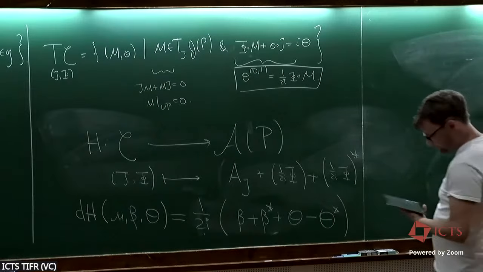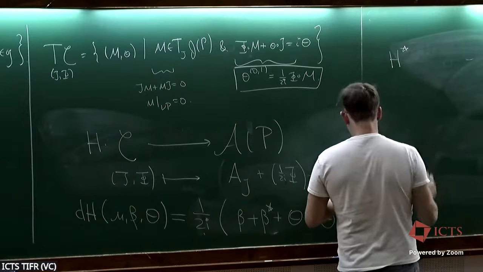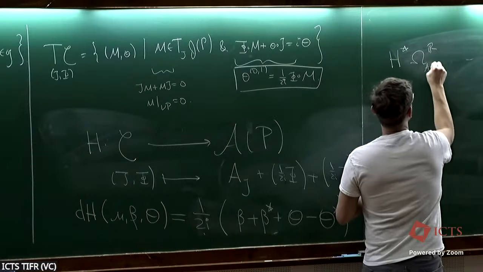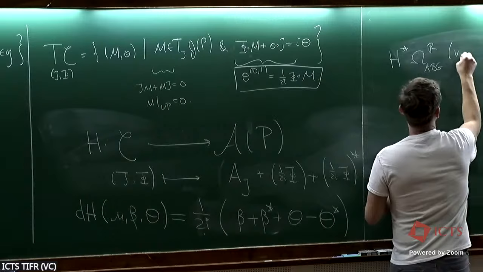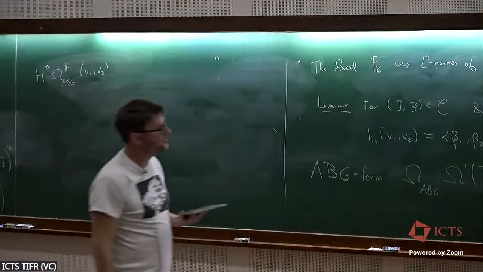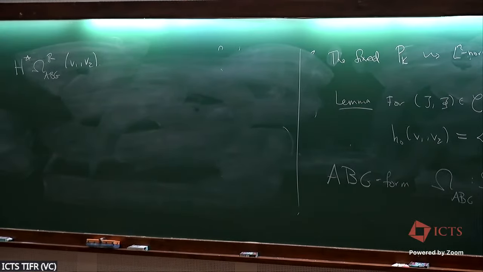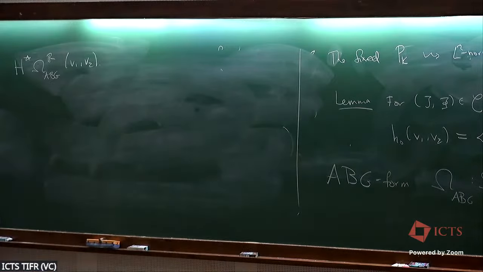Good, so now, what is the pullback of this real part of the Garcia-Prada-Goldman form on V1 and V2? The real part. Well, let's see, where did I write it? I wrote it right here. Okay, and now what are the x's? I even wrote it. So x comes from this term.